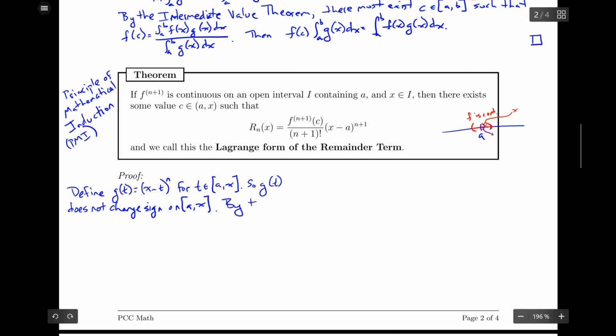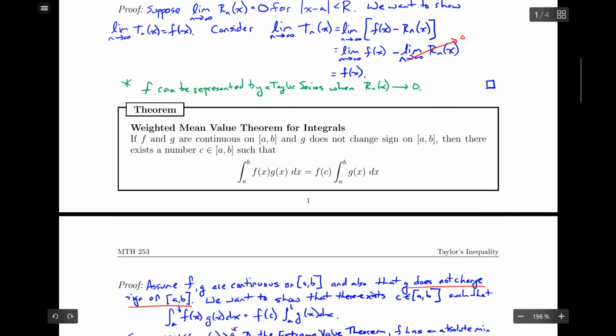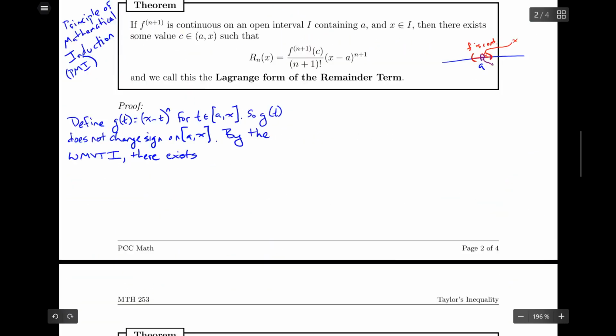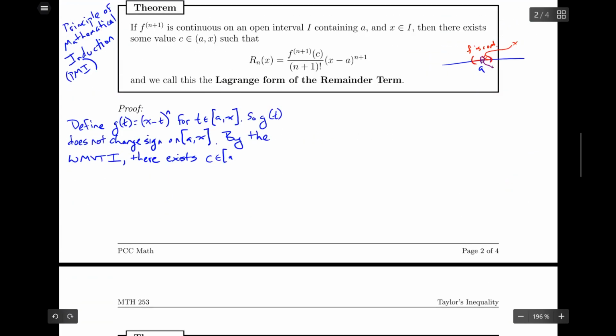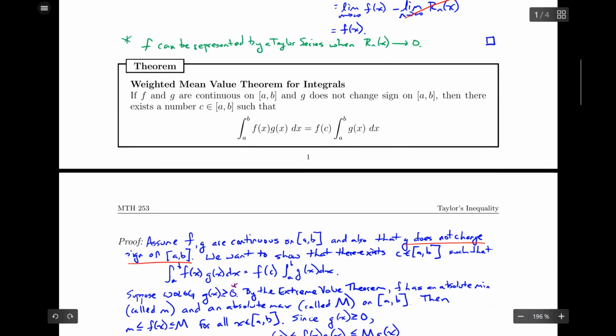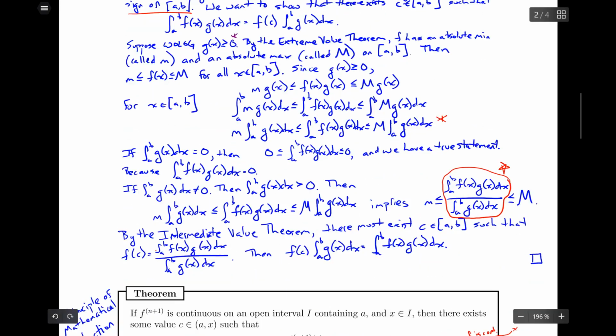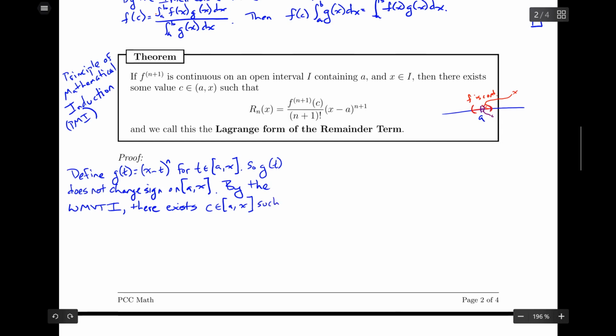So by the weighted mean value theorem for integrals, there exists, let's go back up here and check what the theorem says, there exists some number c in our interval, this interval is a to x, such that the integral on our interval from a to x of the product of these two functions, our first function is the n plus first derivative, and our variable, be careful here, our variable is t, not x.